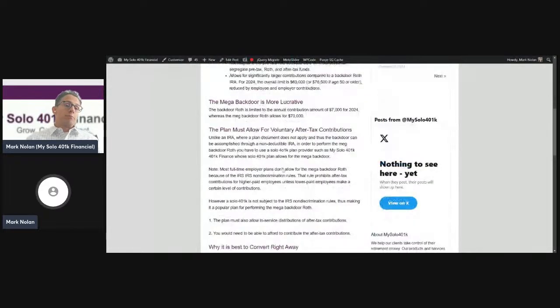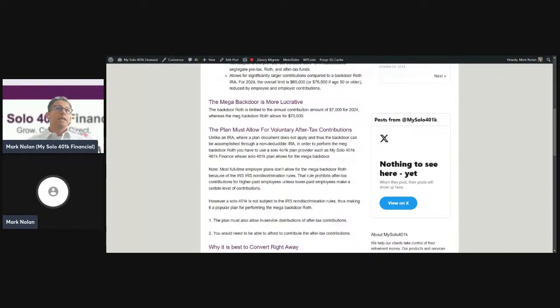Now, it's important to note that in order to utilize the mega backdoor Roth strategy, you must have a plan that allows for the mega backdoor Roth.